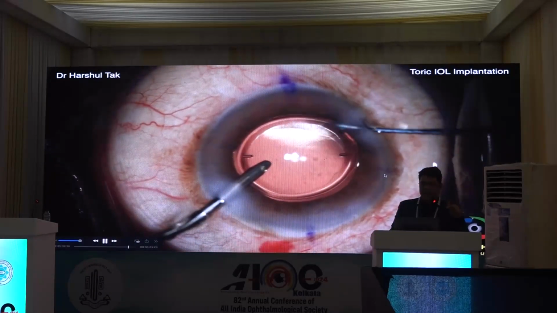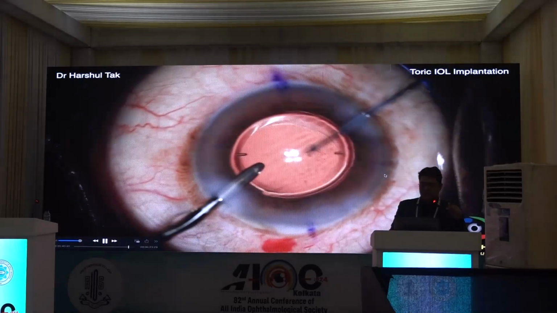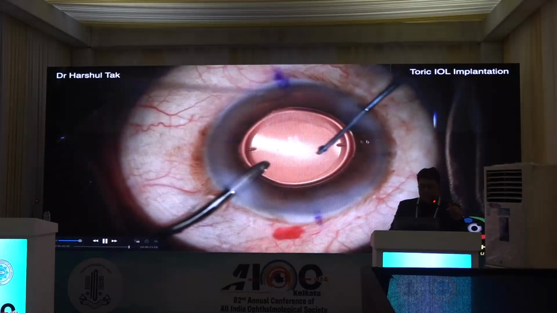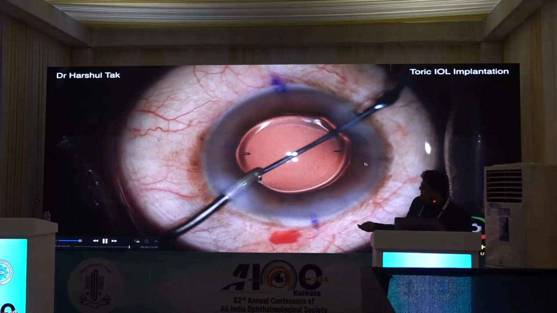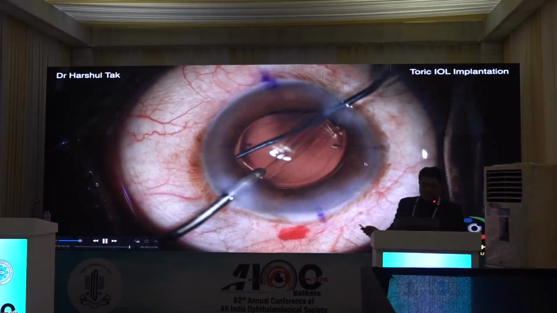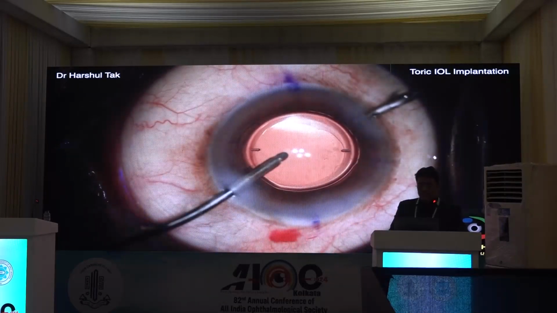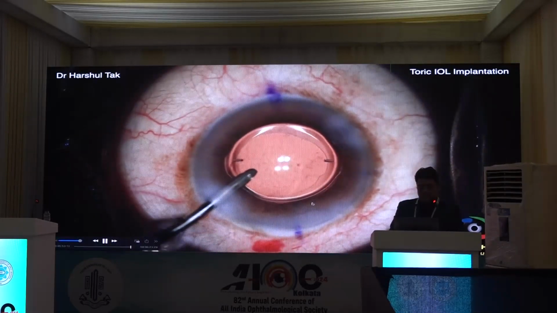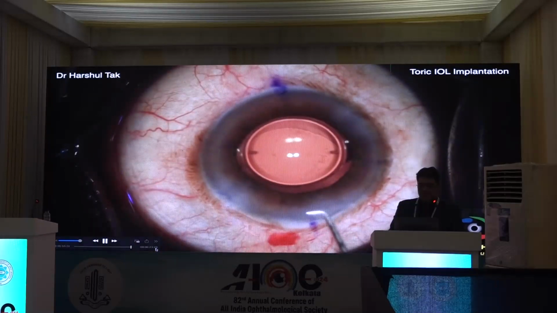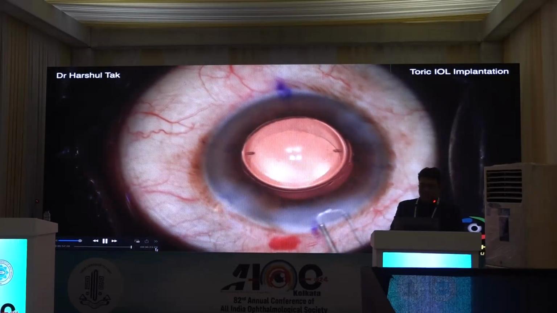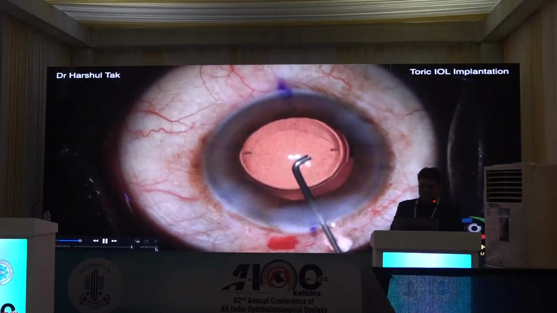And after that, just under irrigation, you go ahead, use Kugelens hook. And these are the marks where we need to align the toric IOL. And you go ahead and align the lens. And this is the hydro stitch cannula which I have designed.